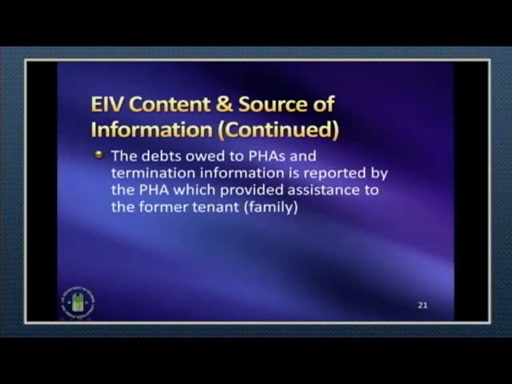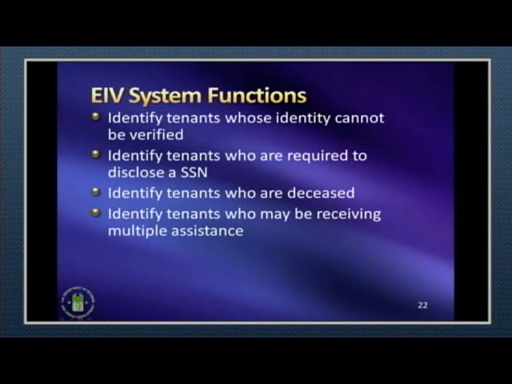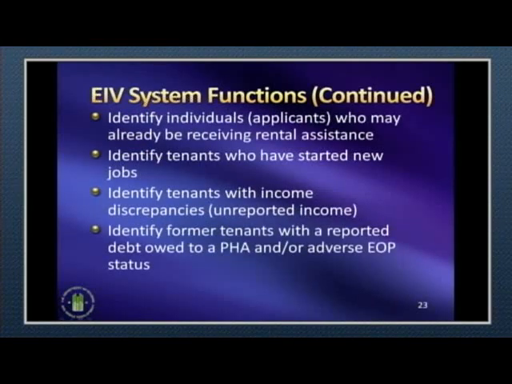Your debts owed to PHA's information, as I mentioned earlier, is derived from you, the PHA community. And here is a list of the EIV system functions, which in a nutshell is very simplistic. It's going to identify tenants whose identity cannot be verified through the Social Security Administration, tenants who are required to disclose a Social Security number, as well as identifying tenants who are no longer with us and have gone on to glory or to another place, and those tenants who may be receiving multiple assistance.